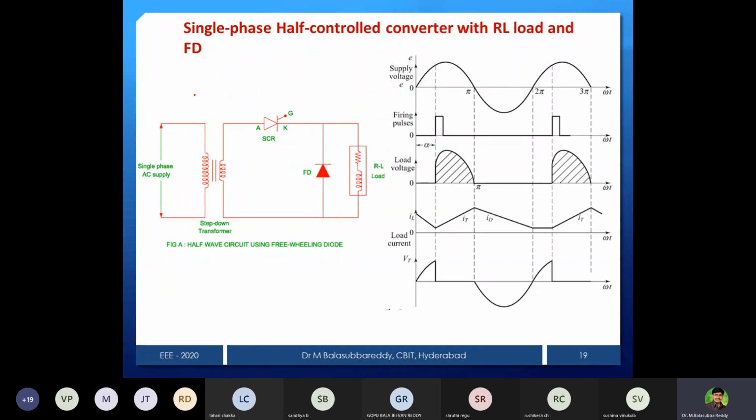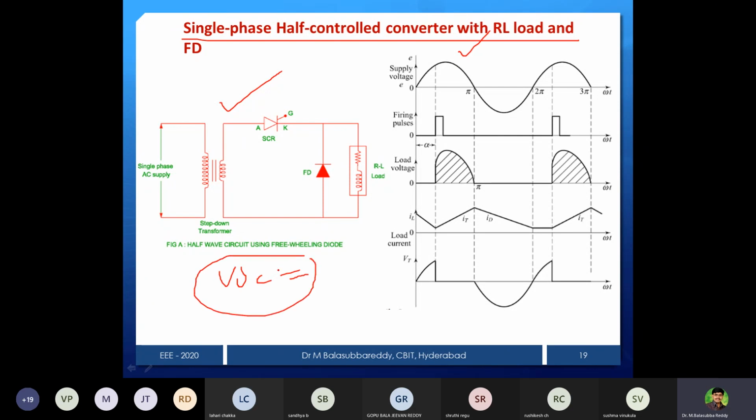If a question is asked, instead of this direct question, as explain single phase half controlled or half wave controlled rectifier with RL load and freewheeling diode, or in another version they ask, explain the effect of the freewheeling diode. So for the effect of the freewheeling diode, use this circuit and these waveforms, then derive the expression for VDC and then write the impressions.